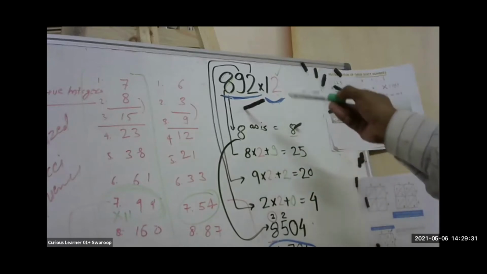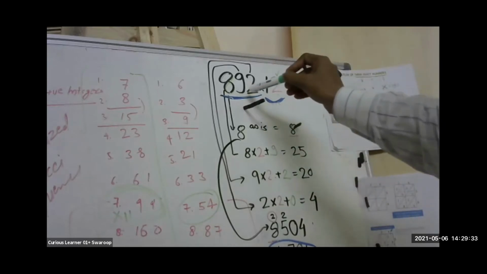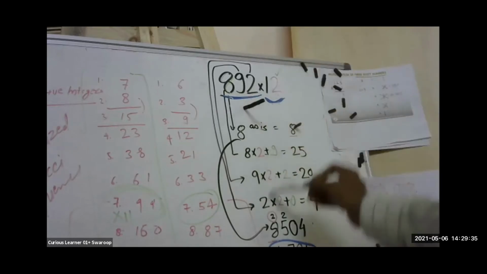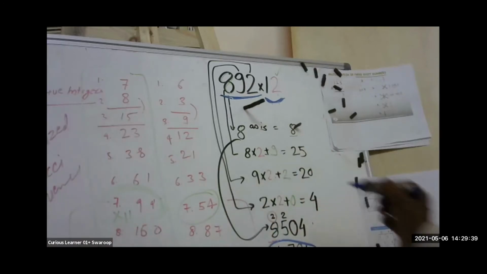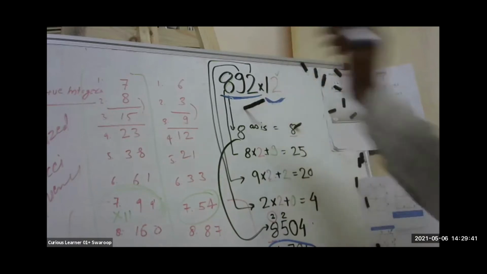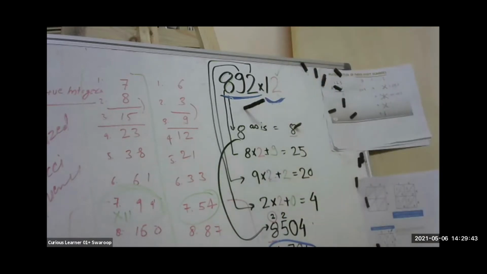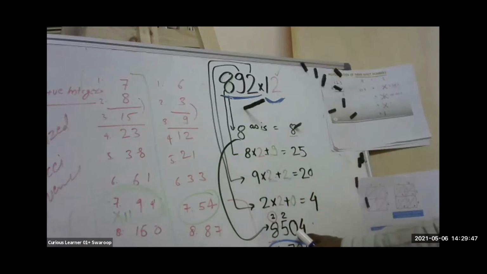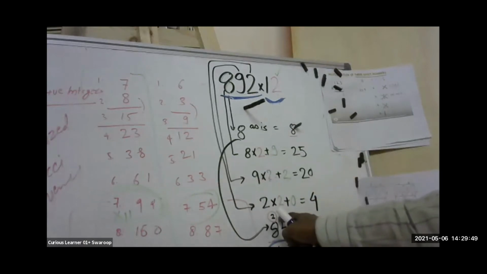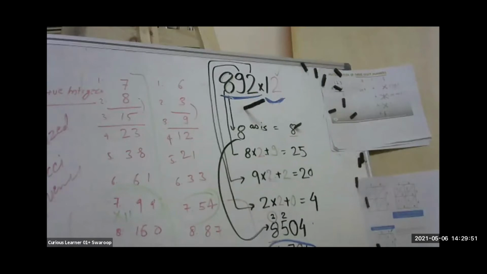Third step, you do the same thing with 9. 9 you multiply with 2 and add the next number, 2. 18 plus 2 is 20. So you write 0 here, 2 is carry forward.